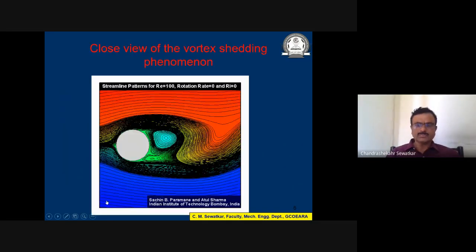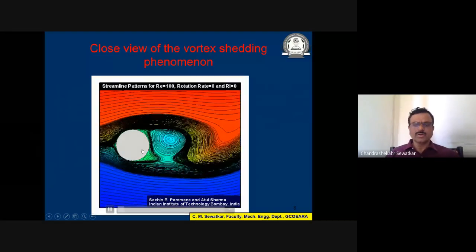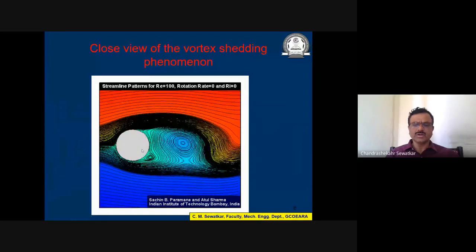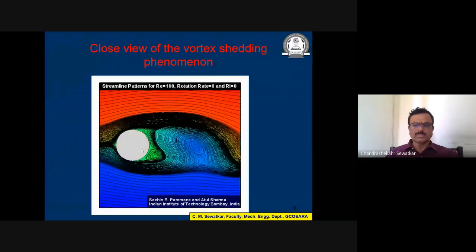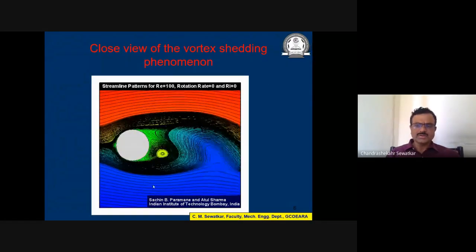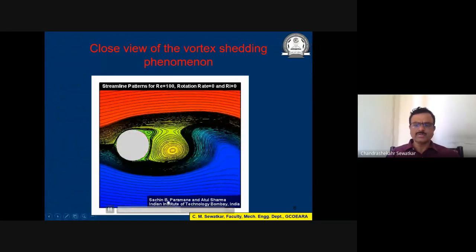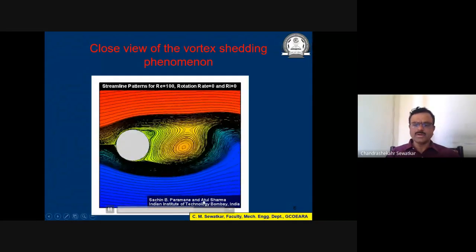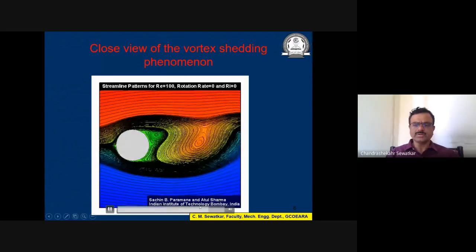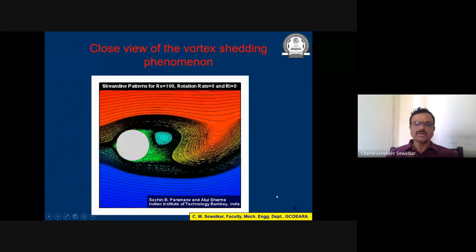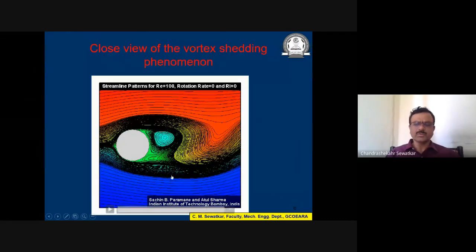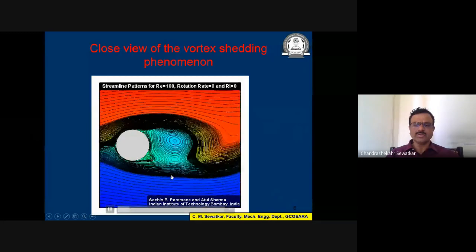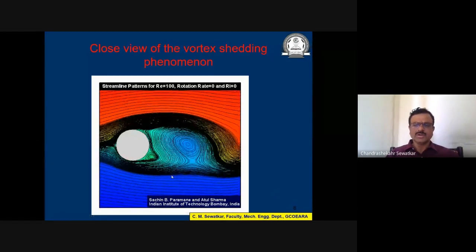You can see a similar vortex shedding phenomenon in another movie I am sharing with you. This work was carried out by Sachin B. Paramane and Professor Atul Sharma at the Indian Institute of Technology Bombay. It is possible to develop such movies when we make use of computational fluid dynamics techniques.